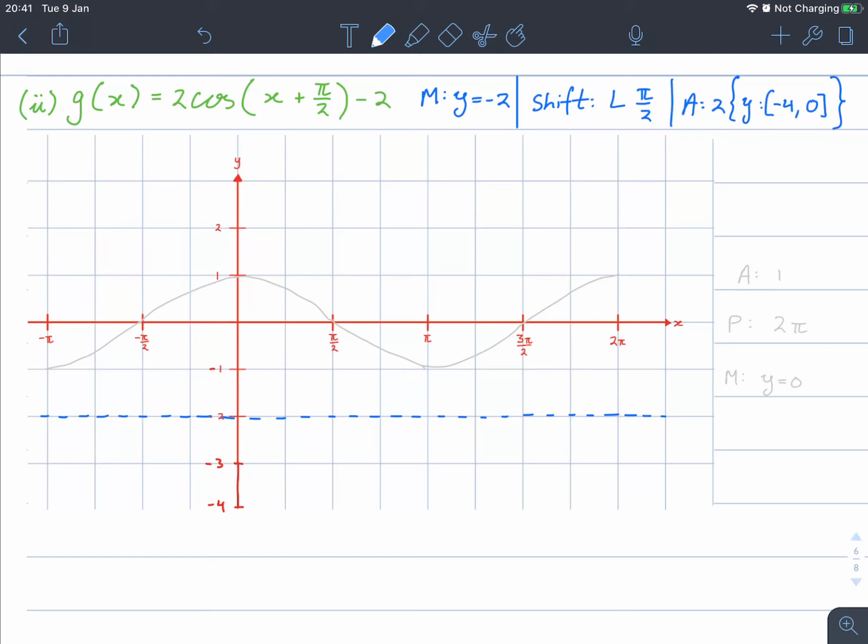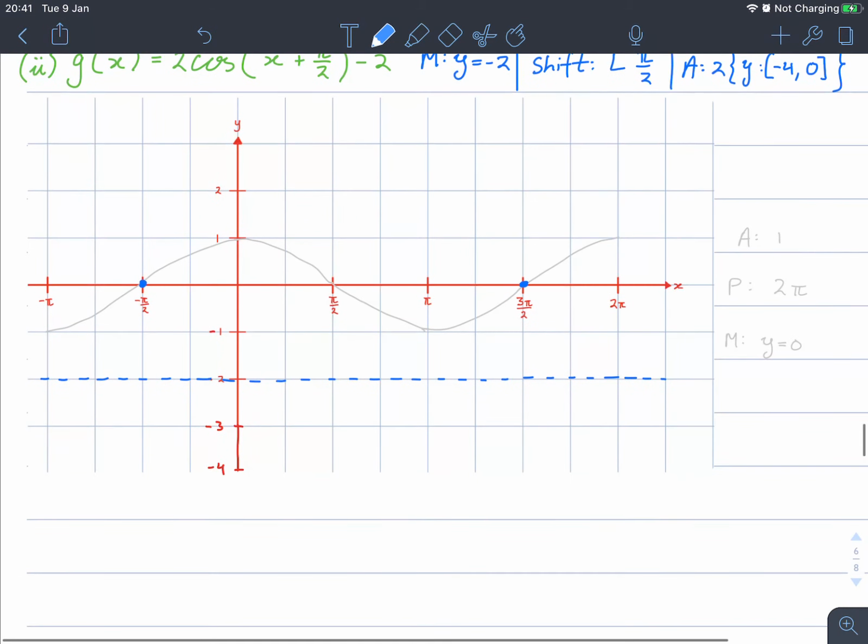So the highest point of this is now going to be 0. This highest point here is going to be moved to the left, and this highest point here is now going to be 0. So this is now the highest point.